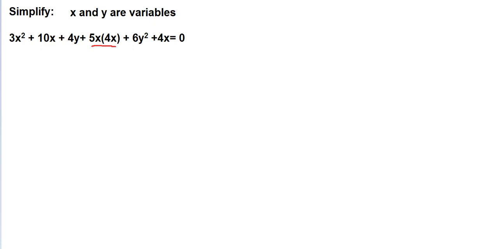So the very first thing you want to do is replace this by expanding and eliminating the brackets. If you do so, 5x times 4x can be combined into 20, the coefficients multiplied together, times x squared. The reason you get an x squared here is because x times x can be simplified to x to the power of 2.